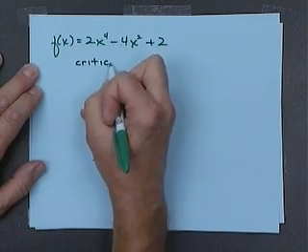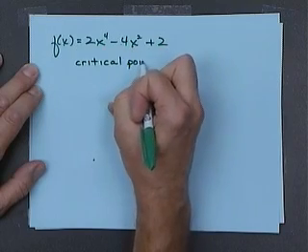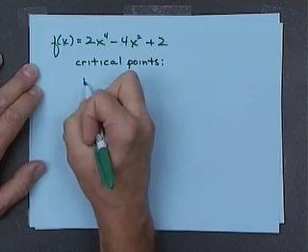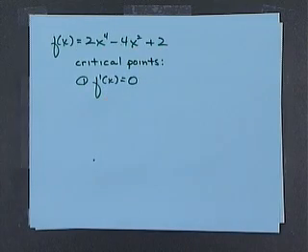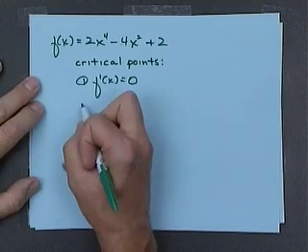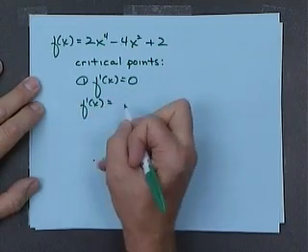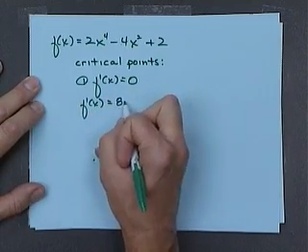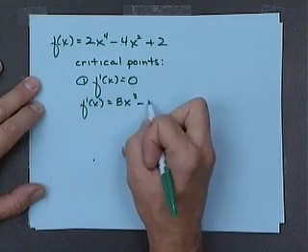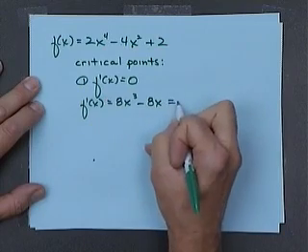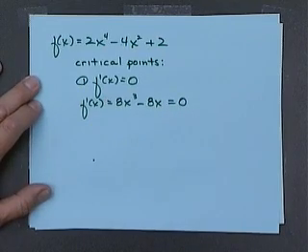Okay, one of the ways is take the derivative, set it equal to 0. What is the derivative of this function? 8x cubed minus 8x. Is that right? And we want to set that equal to 0.